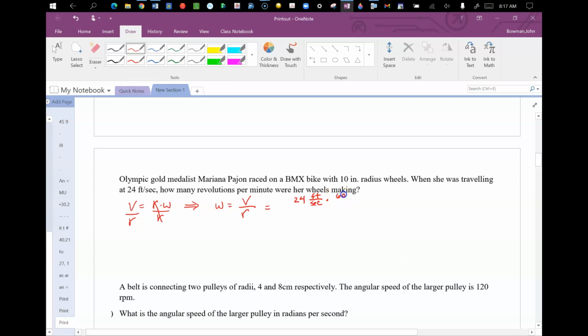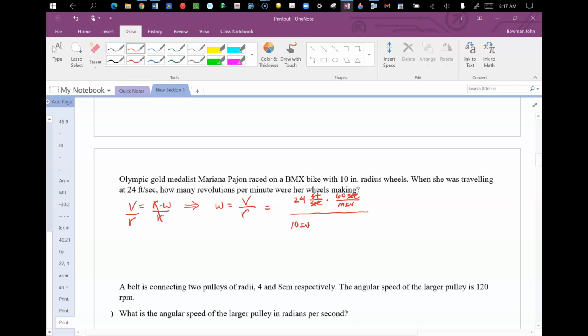So there are 60 seconds in every minute, and if we were to cancel the seconds units, we'd have feet per minute. So we're going to leave that the way it is right there, and we are going to go to the radius. The 10-inch radius wheels, so 10 inches, and we want revolutions per minute.